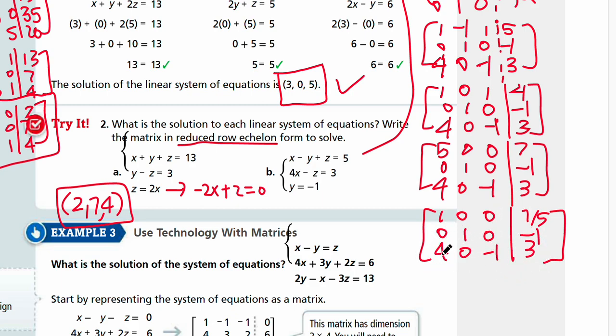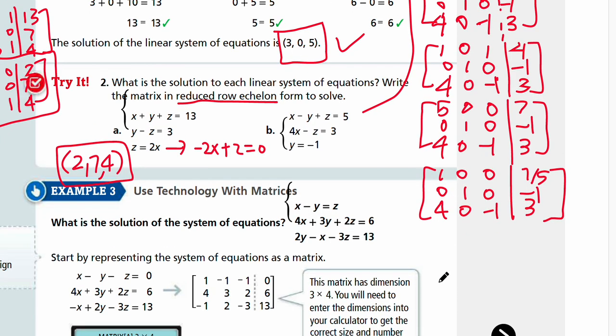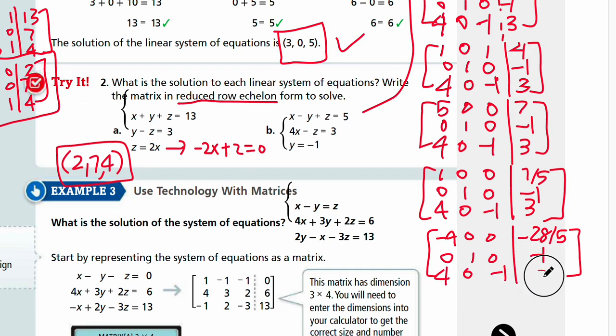And now in order to get rid of that, you can use the first row. You can multiply the first row by negative 4 and add them, right? So the first row could be changed to negative 4, 0, 0, and then negative 28 divided by 5, right? 0, 1, 0, negative 1, 4, 0, negative 1, 3.